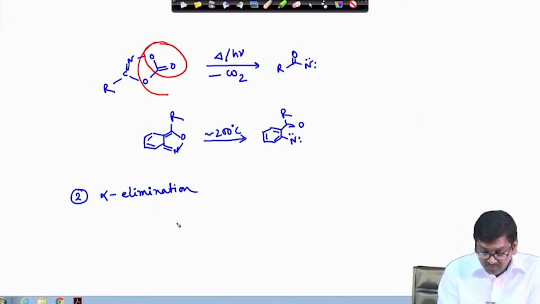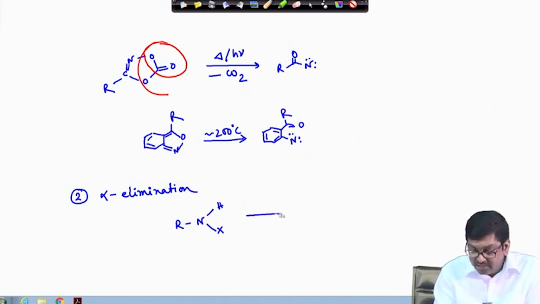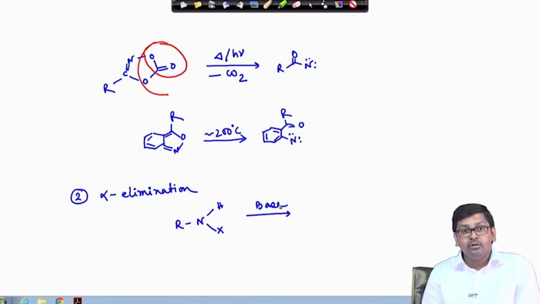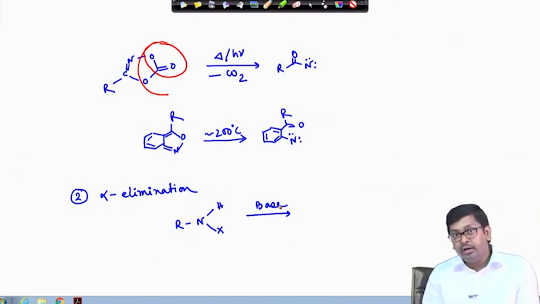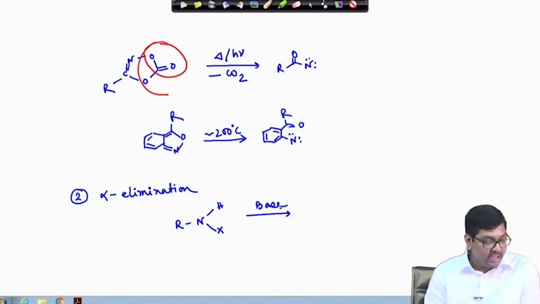Okay. So, if we take this particular substrate and treat it with base, we have seen in case of carbene also, depending upon the basic strength, that could be used to deprotonate, and then the elimination of that leaving group.